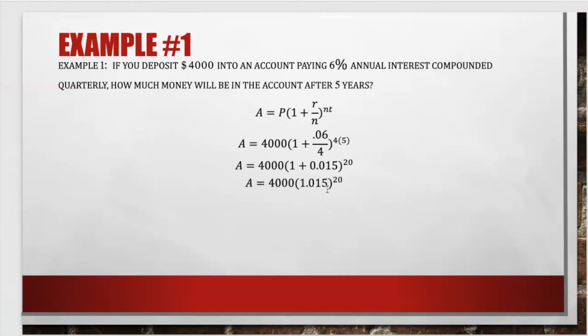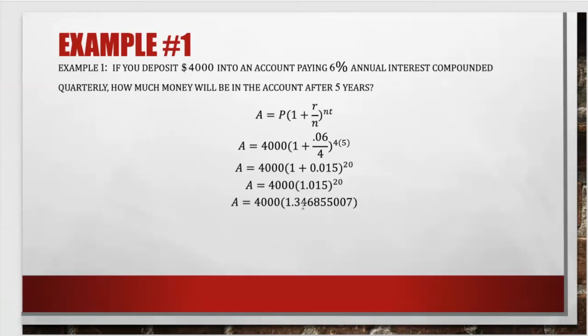Next, people always mess up because they always want to multiply the 4,000 first. You don't. You have to use the exponent. So you're going to do 1.015 to the 20th, which gives you 1.346855007.